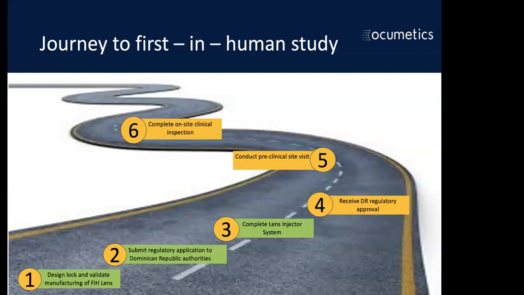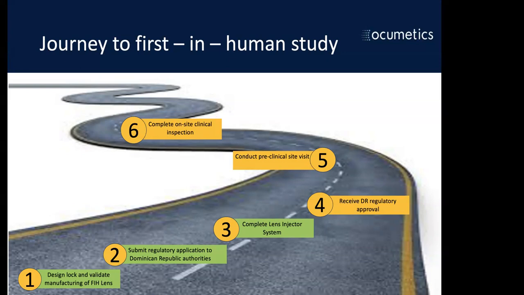Once we get the approval, we spring into action. We have to go conduct what we call a site visit, but it's really a pre-site visit in terms of: do you have all the supplies that we need to do surgery? Are you ready in terms of the staff to manage the patients that will be coming in?